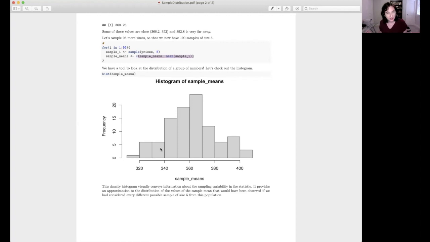In this case, that would have been computationally feasible. In the world, if we're interested in data from all Americans, we can't sample every possible sample. That's absolutely impossible, right? So what we can do is figure out a way to find the distribution of what these sample means are going to look like, right?